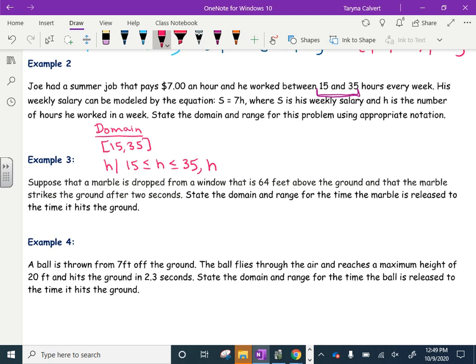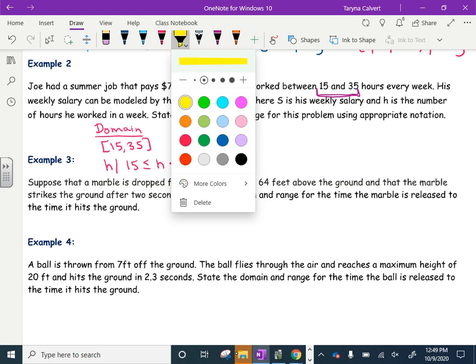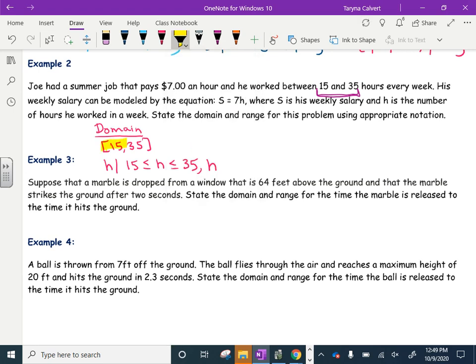He makes $7 an hour. If I write my notation like we did just right here, I want you to tell me if it's right or if it's wrong. Can I use this notation? Will he get paid? This is a conversation. I could go either way.